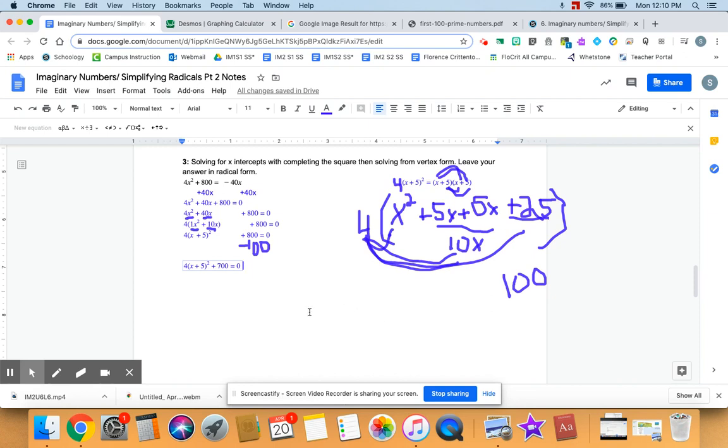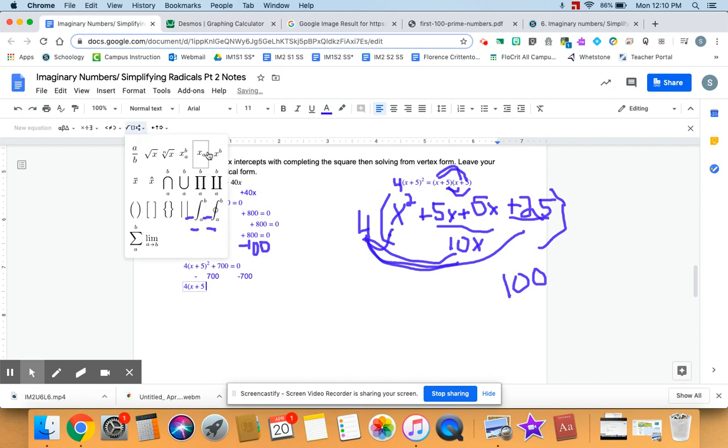This takes it back to type 1, where it's like I'm in vertex form, I just need to solve for x. So to remember to do that, first thing I get rid of is this plus 700 by minusing it away. Gotta do that on this side too, which means I have 4 times x plus 5 being squared.